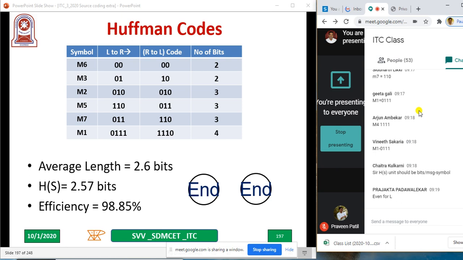Okay, L what should be there? 2.6 Prajakta, 2.6 bits per symbol. Very good, Chaitra and Prajakta. You type your answers also if possible. And let us go to the next. If a few students type their answers, we will switch over to the next slide.